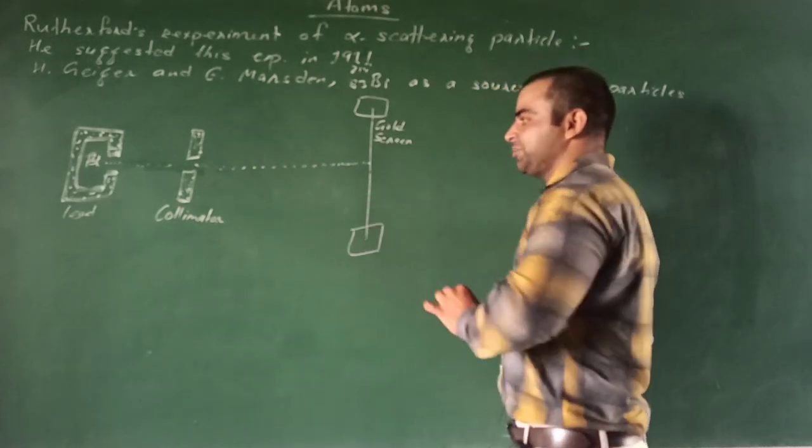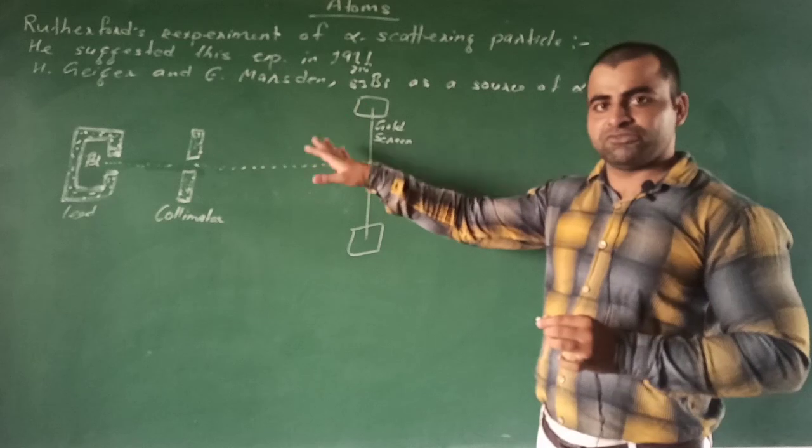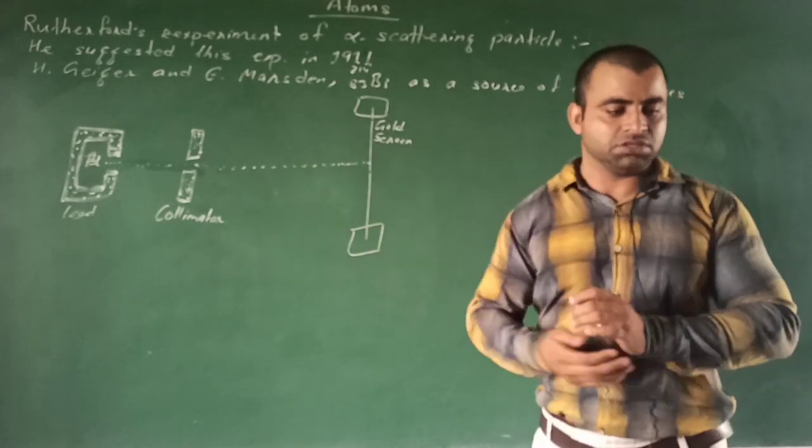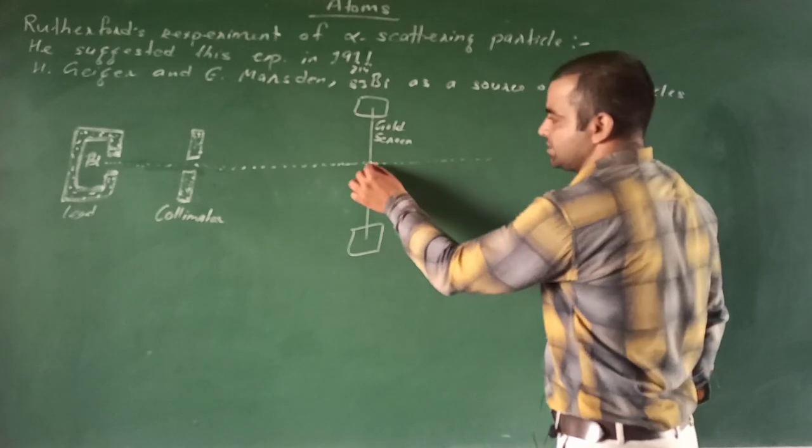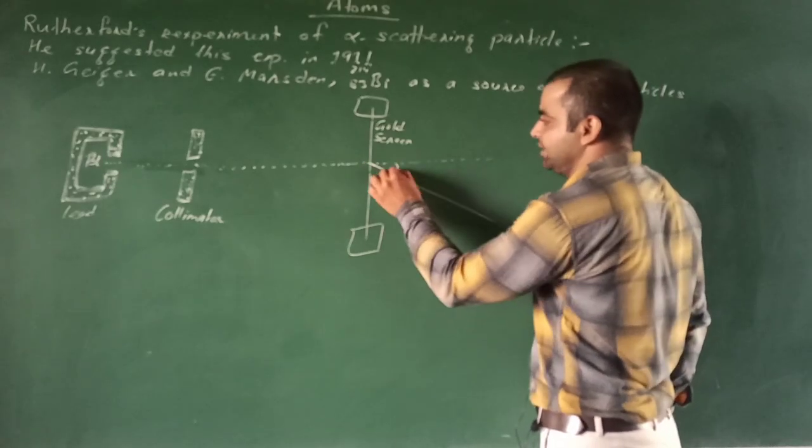Some of the alpha particles may be deflected from here too. Some will pass through it and some will deflect at any angle.